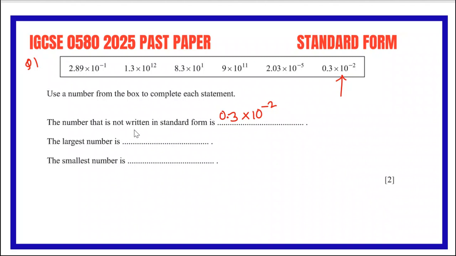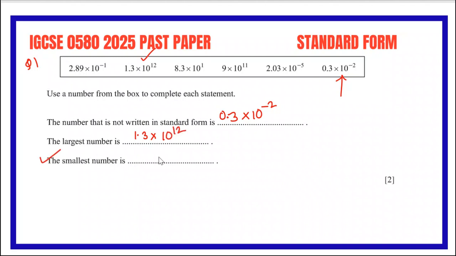So that's why it's not in standard form. Next question: the largest number. Here we can see the highest power of 10 is 10 power of 12. That means the largest number is 1.3 times 10 power of 12.